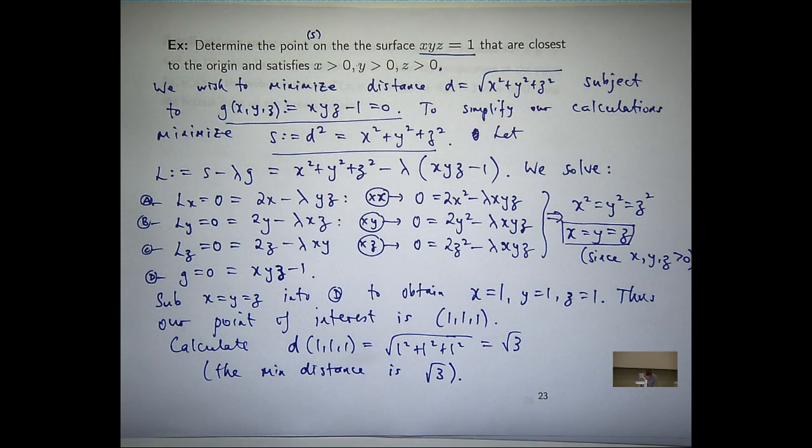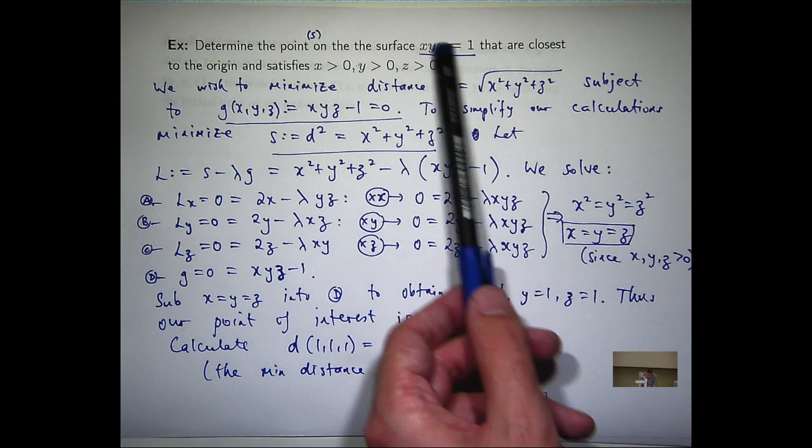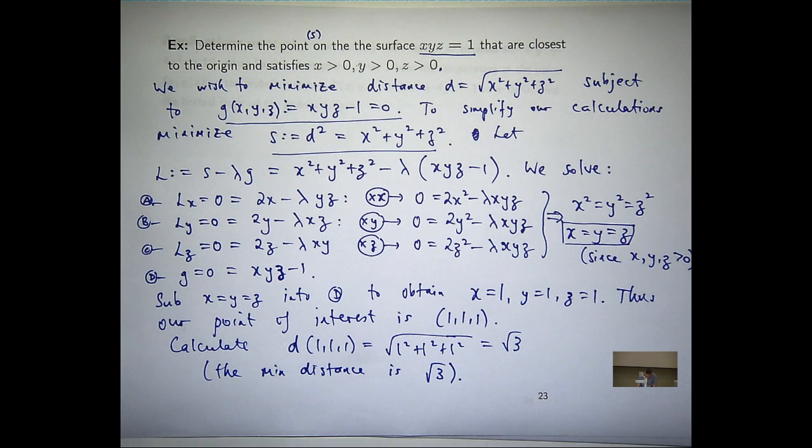Firstly, I can always choose a point on this surface that lies further away from the origin than √3 units. Okay, I can just think up various values. Secondly, can anybody tell me why this problem can't have a maximum?